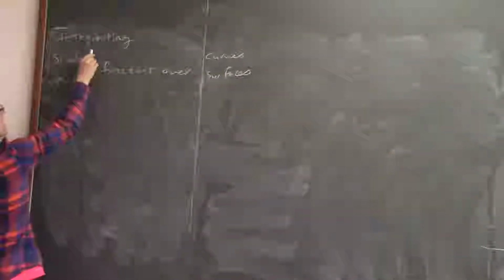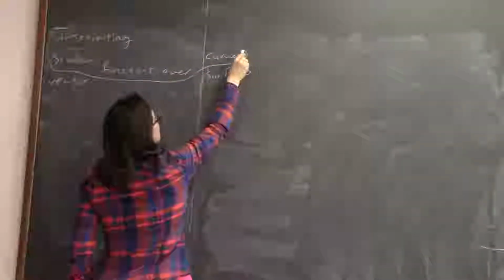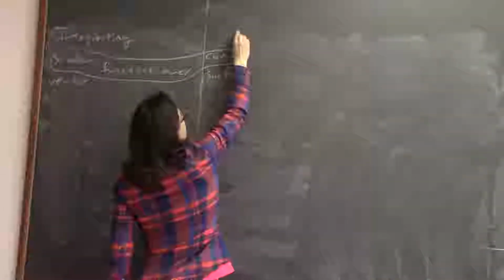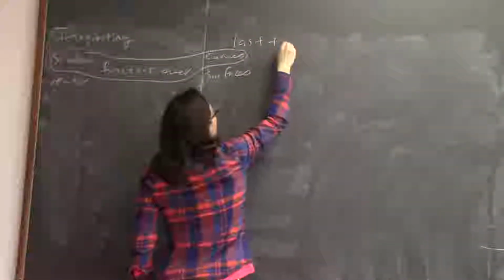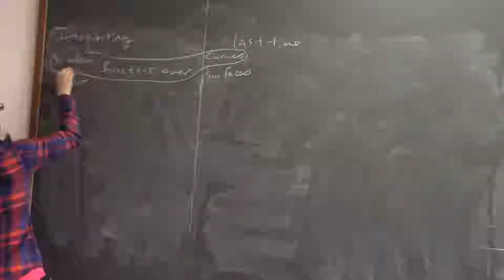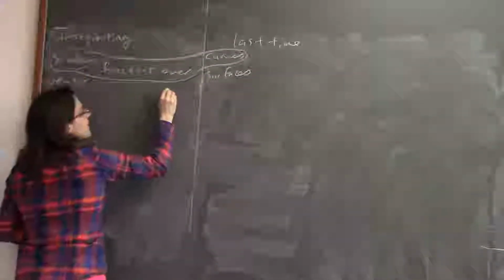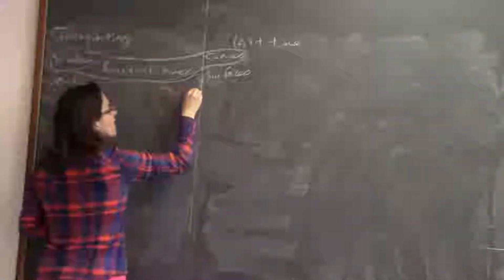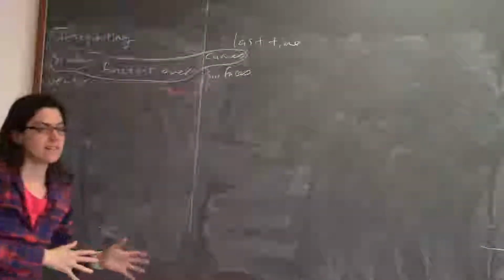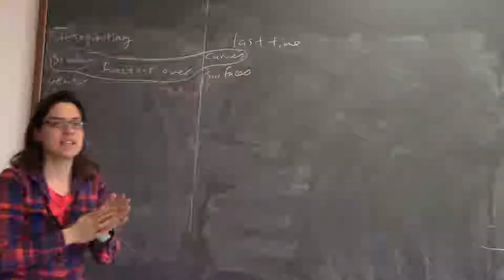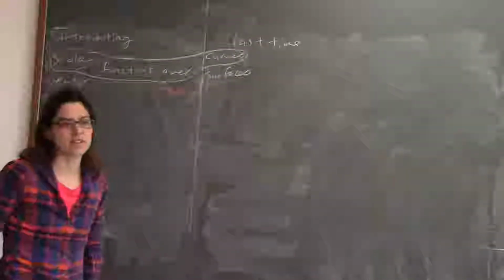So last time, we talked about scalar line integrals. That's integrating scalar functions over curves. So this is last time. And today, we'll talk about integrating vector valued functions over curves. So this is today. That's the idea. You'll have a vector field and a directed curve and integrate the vector field over the curve.